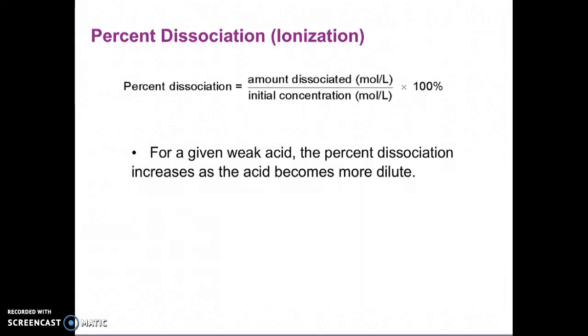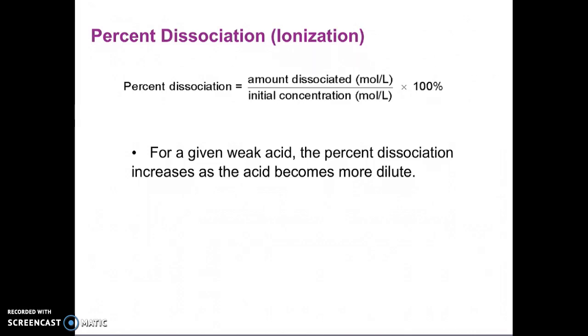We're going to talk a bit about percent dissociation, or in an acid sense, it's actually an ionization. You're forming hydrogen ions. The percent dissociation is defined as the amount that's dissociated over the initial concentration times 100, which is also the same equation we did for a validation of within 5% of Ka tables.